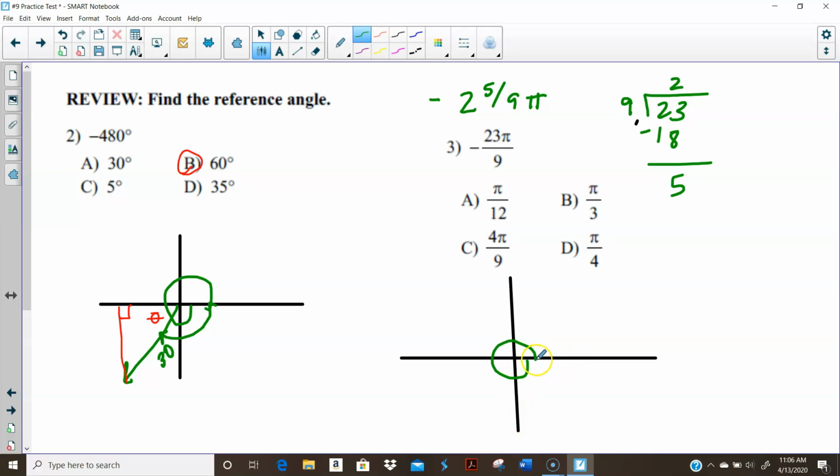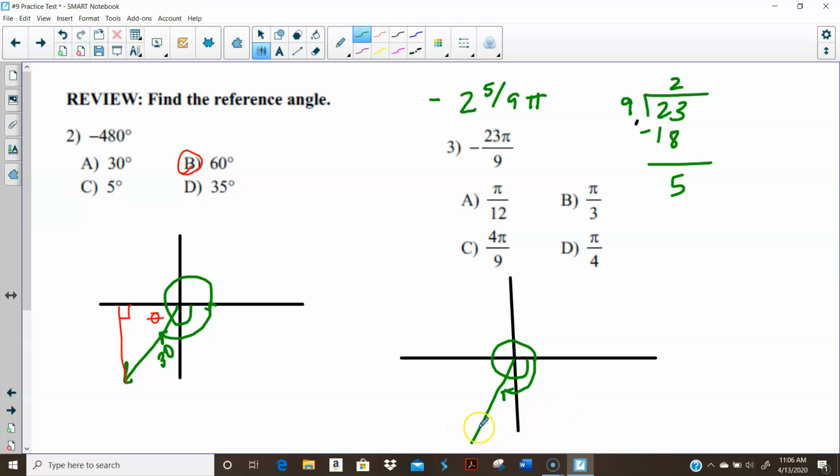And so a half pi is going to be this 90-degree angle. So how this works is we go 1 pi over 9, 2 pi over 9, 3 pi over 9, 4 pi over 9, and then 5 pi over 9 is going to be here.